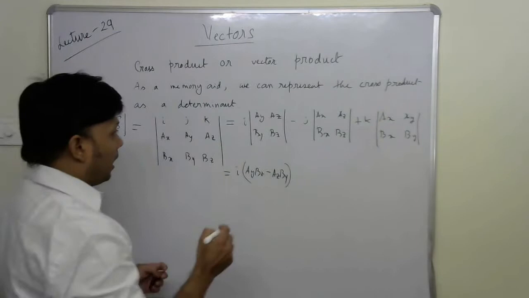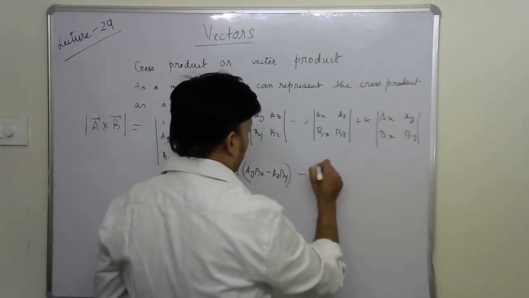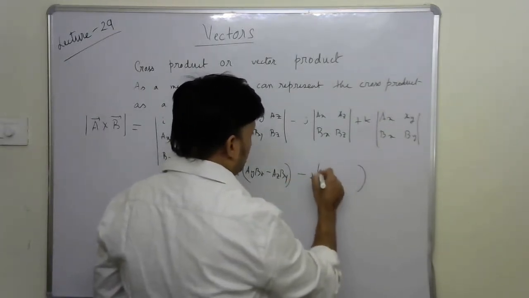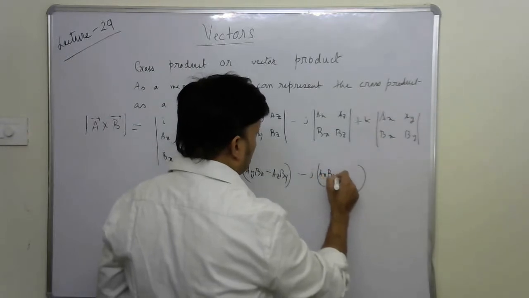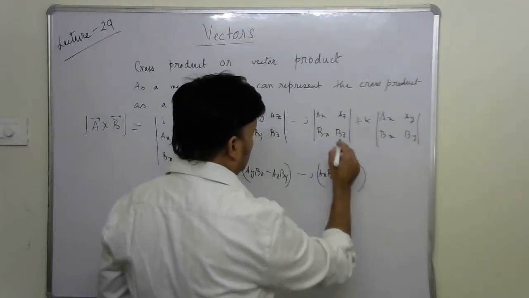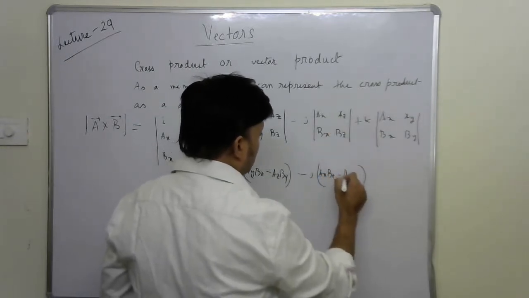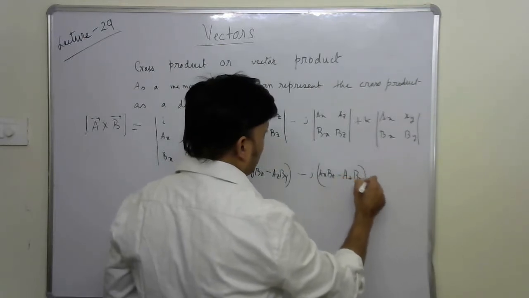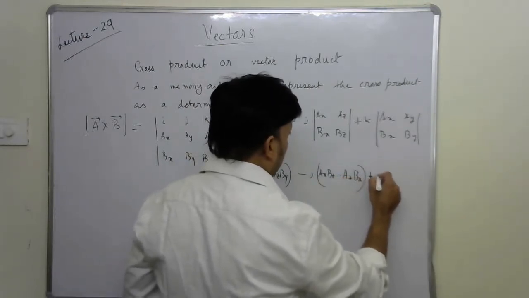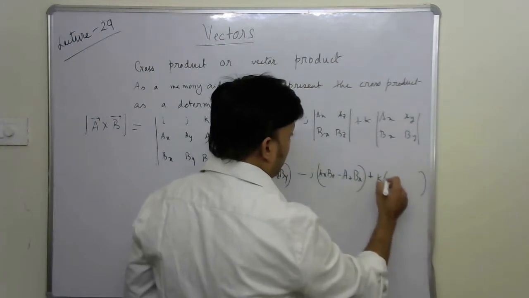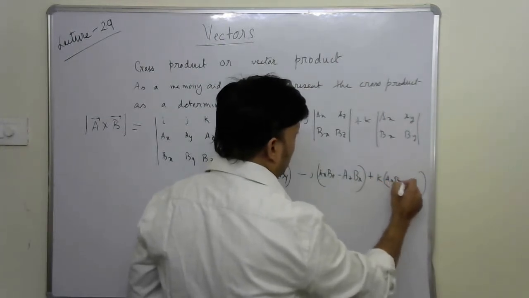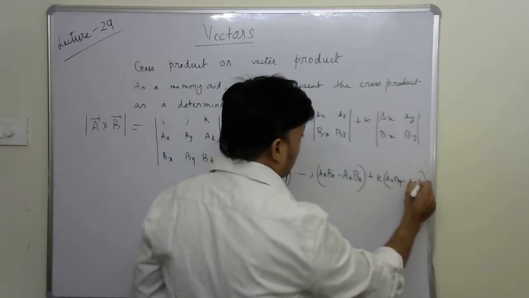Okay, and then minus j axbz minus azbx, okay, plus k multiplied by axby minus aybx.